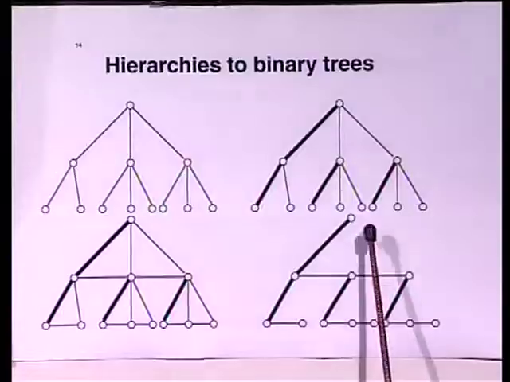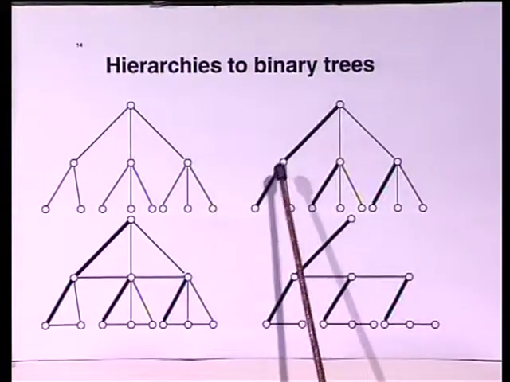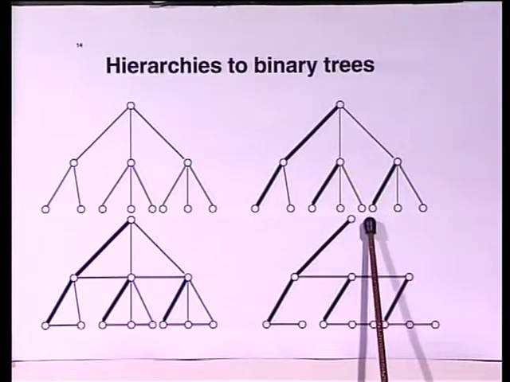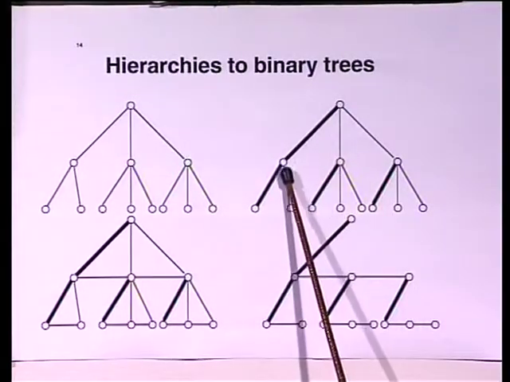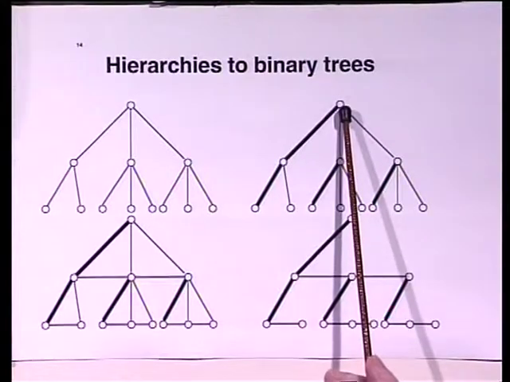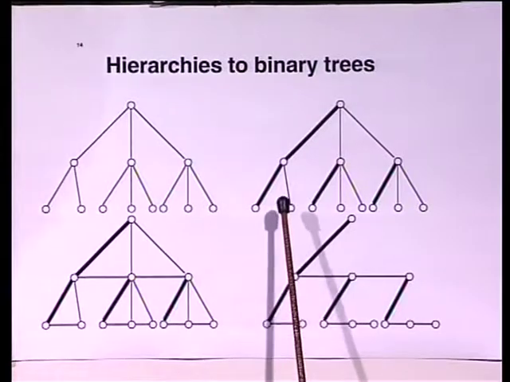So if we go back to this diagram now, I've drawn in thick black lines what the firstborn relationship is. So here's the firstborn child of this parent. Now, if all we know are the firstborn children of the parents, we will not be able to reconstruct the whole family tree.